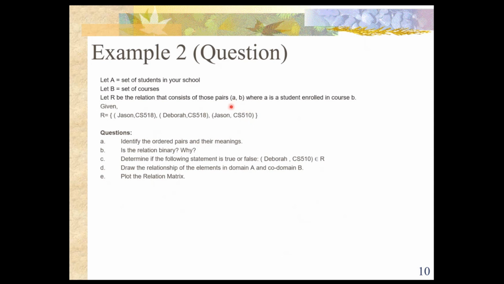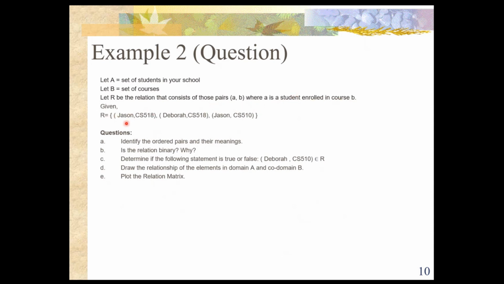So what are a and b here? Lowercase a is an element of uppercase A, which is a set of students, and lowercase b is an element of uppercase B, which is the set of courses, where a is a student enrolled in course b. See, the definition of a and b is given here.